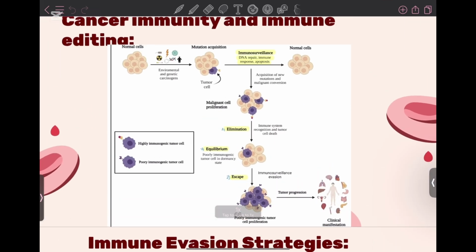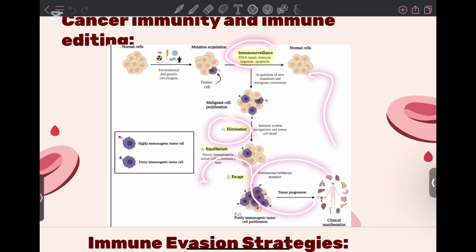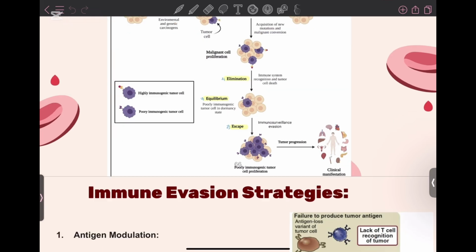So it's not an overnight thing, it's a process that involves all of these steps. So it starts with immunosurveillance, elimination, equilibrium, escape, and then if the tumor escapes, we're going to have tumor progression.